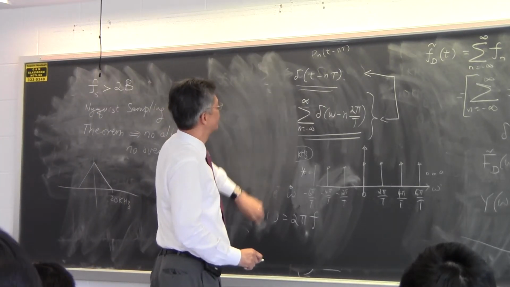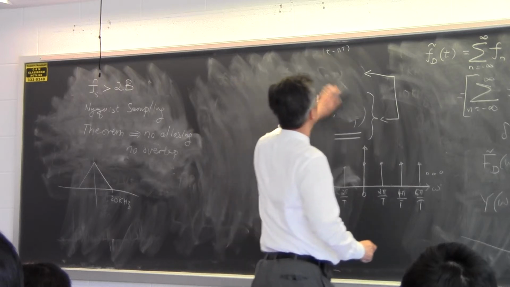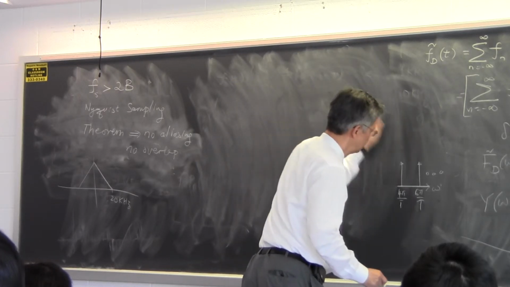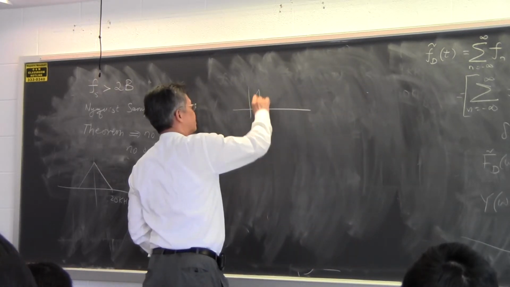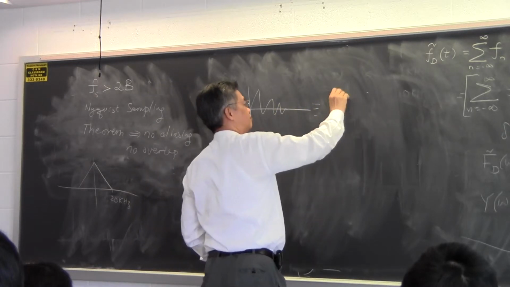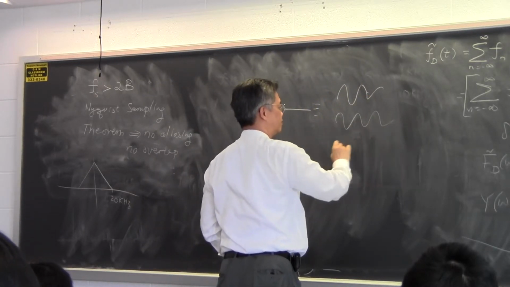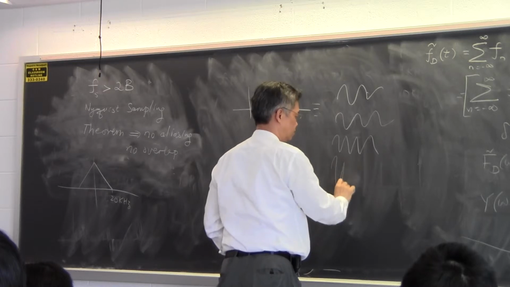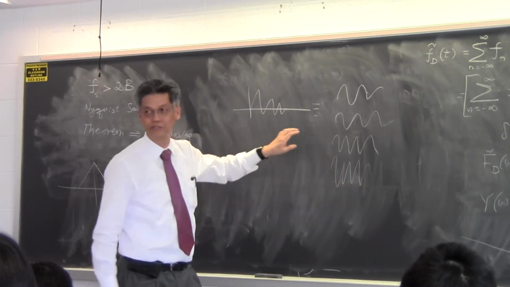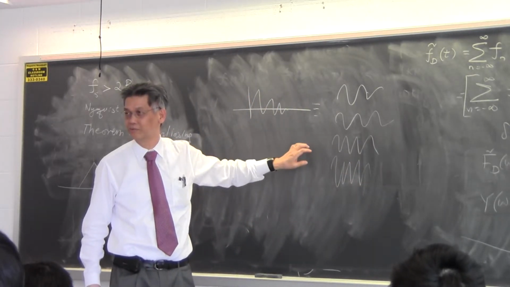You can think of a signal. If you have any signal, you essentially can write it as a sum of Fourier harmonics of different frequencies. That's what the Fourier theorem and Fourier transform tell you.